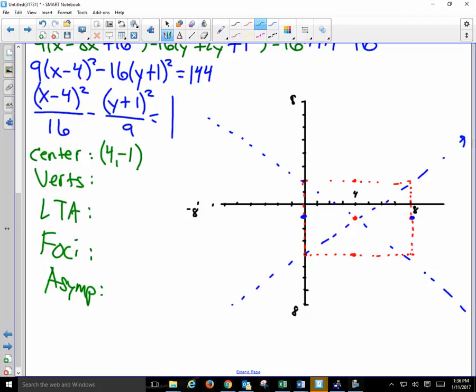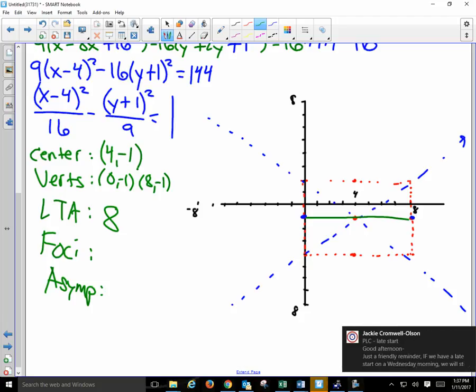So the location of the vertices will then be 0, negative 1, and 8, negative 1. The length of the transverse axis is the distance between the two vertices, which is 8.